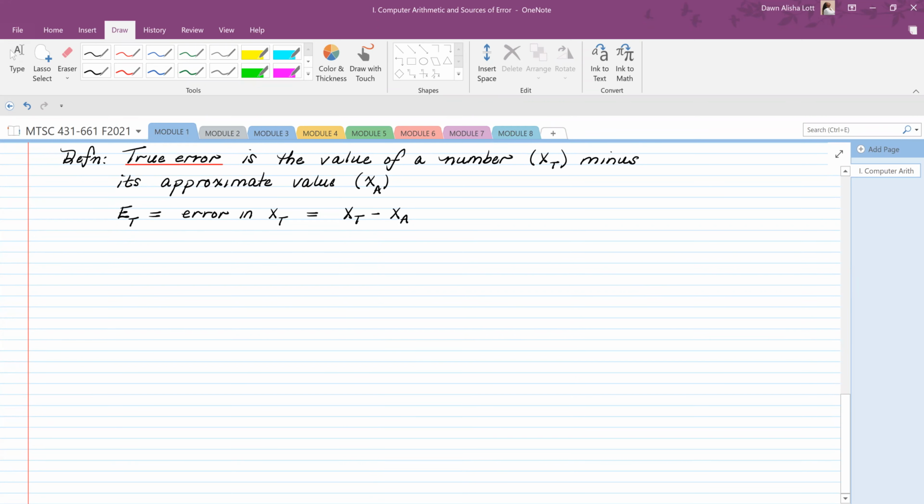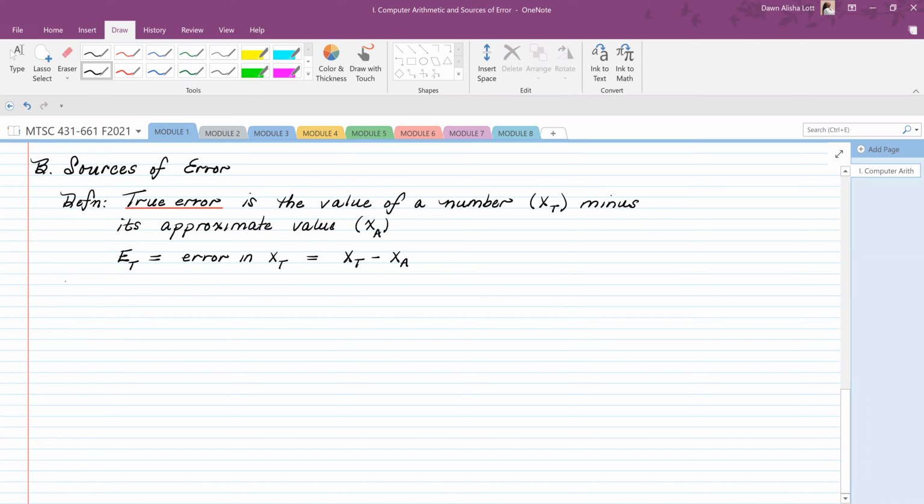Okay, so the relative error, which is much more useful, is the percentage of error in the approximate value relative to the true value.